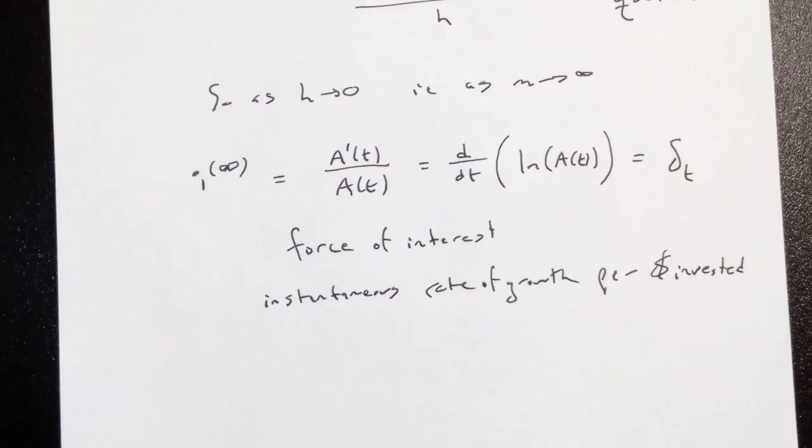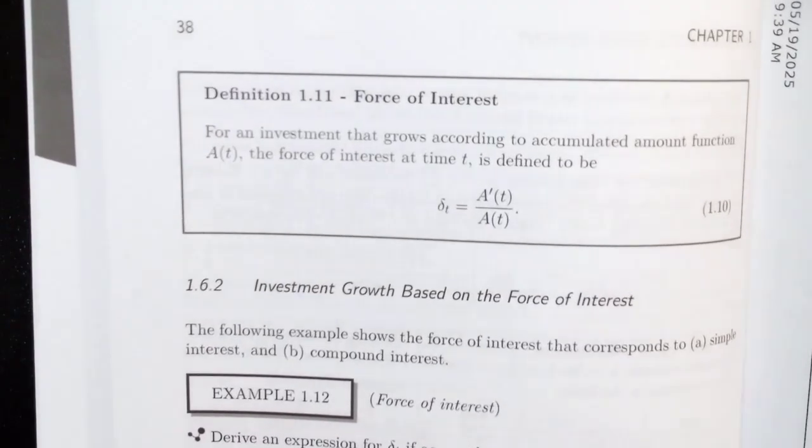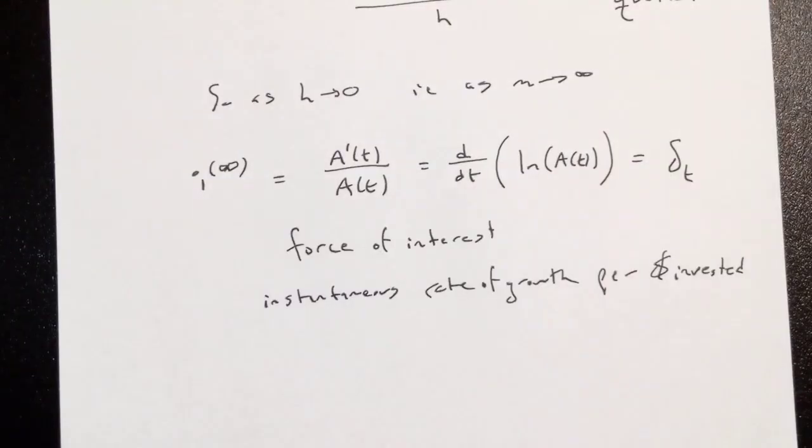Page 38 is a box defining this formally. But let's see if I can make this relative to something we already understand. I really need my A function to be differentiable for this to make any sense at all.